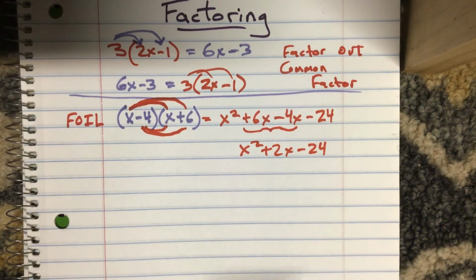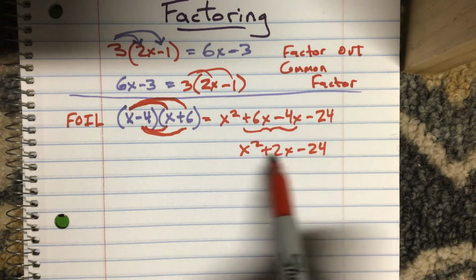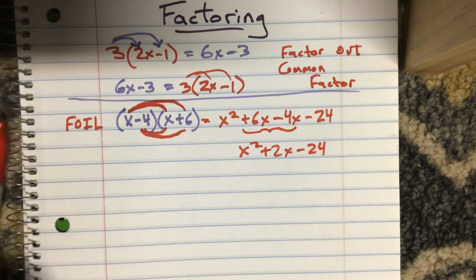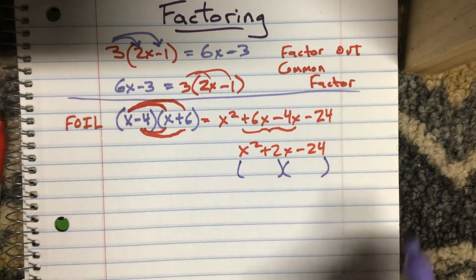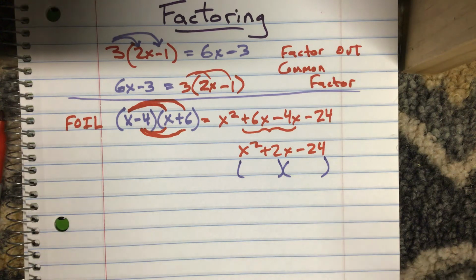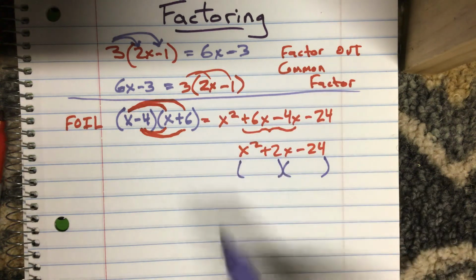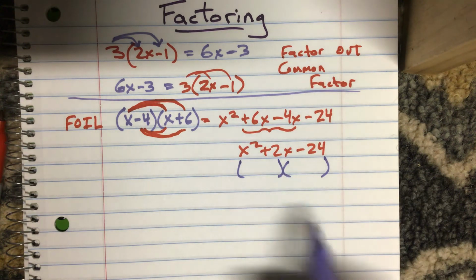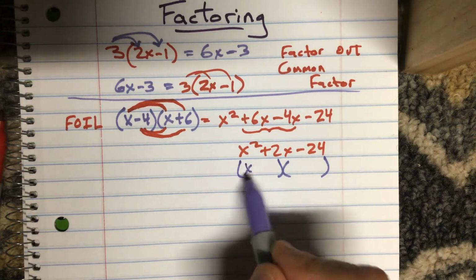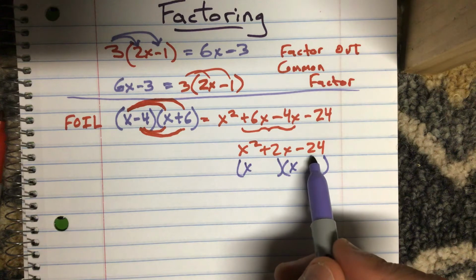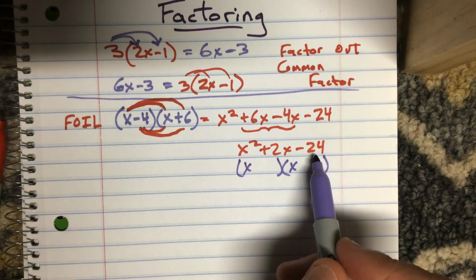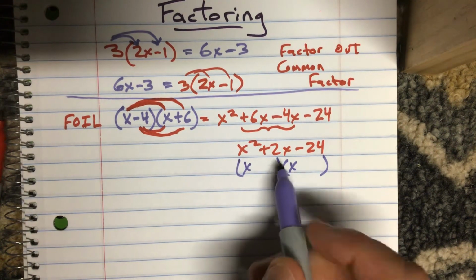And so you'd be asked, for example, to factor this. We already know the answer looks like this. But if you're trying to factor this, notice that we have 2 parentheses. In the previous example, we just factored out a common factor, so we just had 1 parenthesis. Here we're factoring a polynomial. So we start with x times x, which is x squared. Now we're looking for 2 numbers that multiply to make 24. So we have choices.